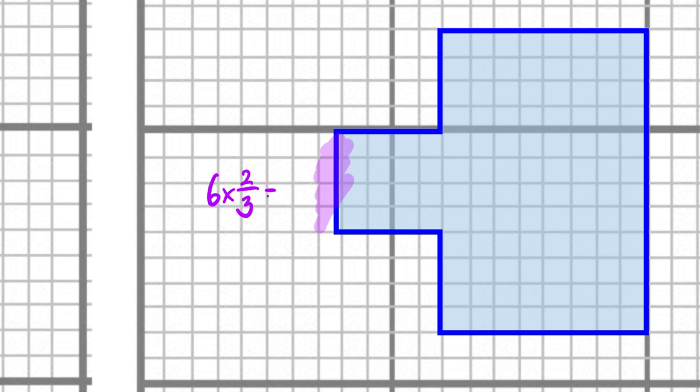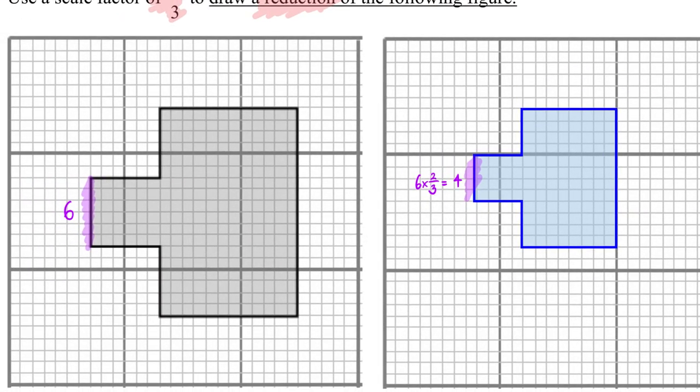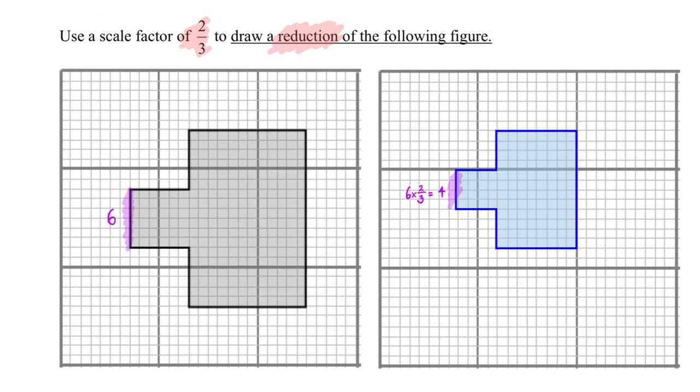So this one will give me 4. 1, 2, 3, 4. And therefore, all the lengths will undergo the same transformation, the length will be 2/3 of the original length. And you will then be able to come up with this final answer.